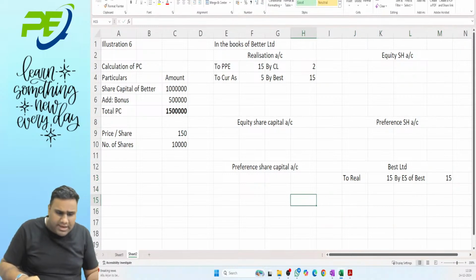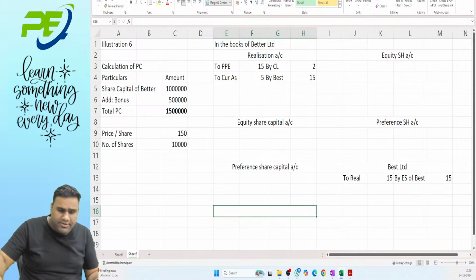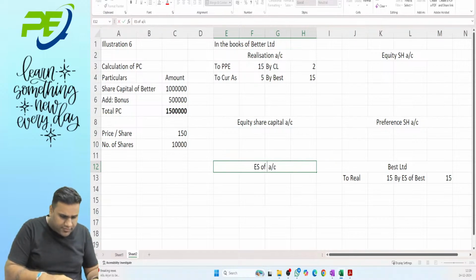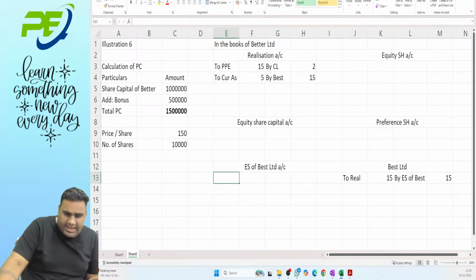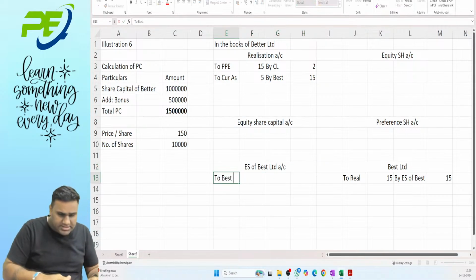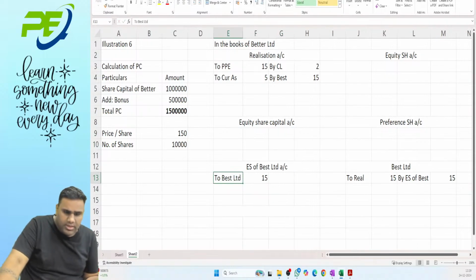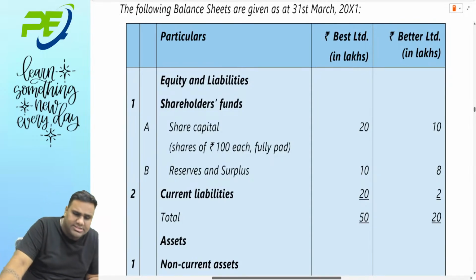Now we have to prepare one more ledger. There are no preference shares, no? So equity shares of Best Limited, and here to Best Limited 15. So this is receipt of purchase consideration.